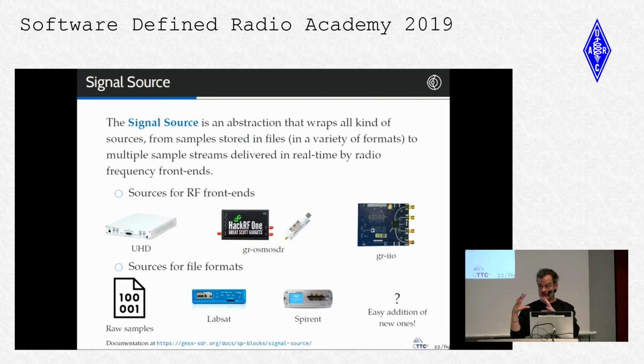The signal source, the first of the blocks, is an abstraction that wraps any kind of signal source. So you can use popular radio frequency front ends, could be a USRP or HackRF, or, well, many different hardware available.